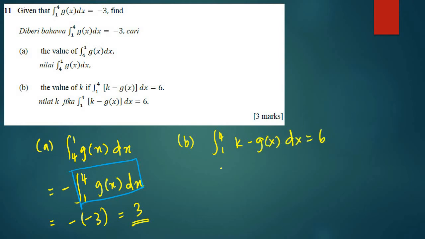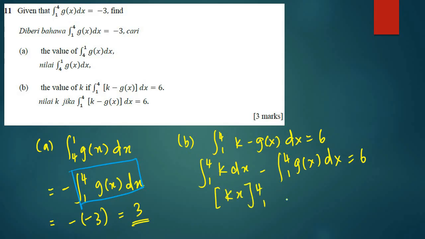We need to separate it and do the integrations separately. k is a constant, so after integration it is kx minus the integral of g(x), so given the whole thing, substitute with negative 3. So we will get 4k minus k equals 3. 3k equals 3, k equals 1.